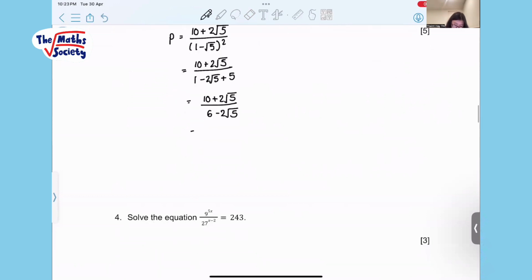So we can divide it by 2. So 5 plus root 5 by 3 minus root 5. And we know if we have a fraction, we can multiply by its conjugate to simplify it, because they asked us to simplify. So 3 plus root 5 by 3 plus root 5.